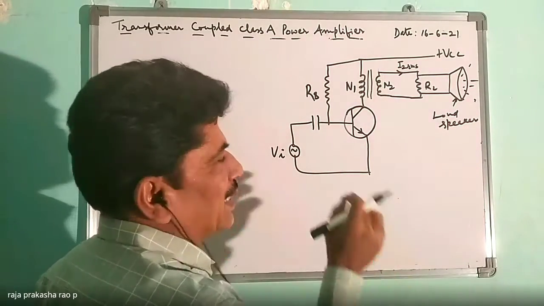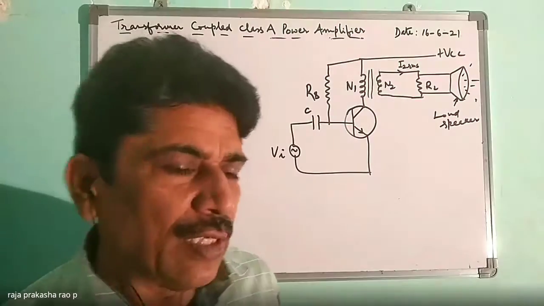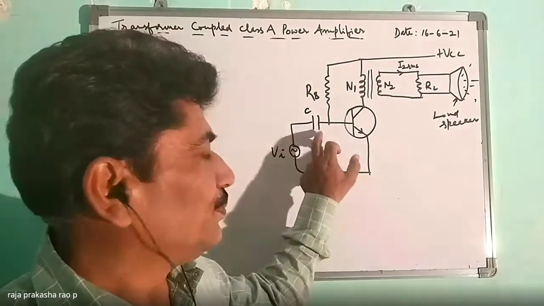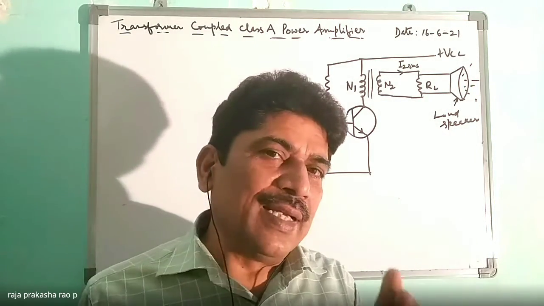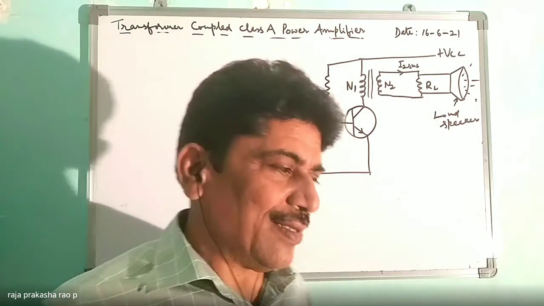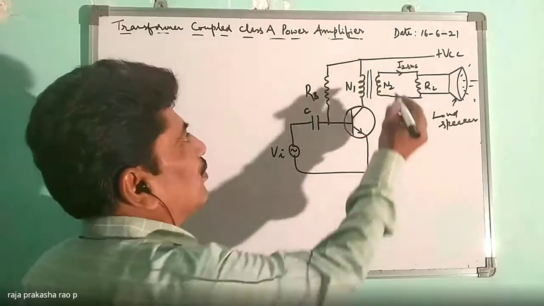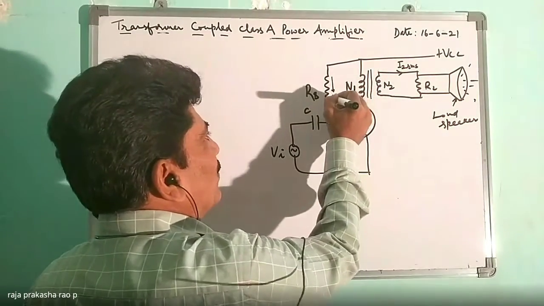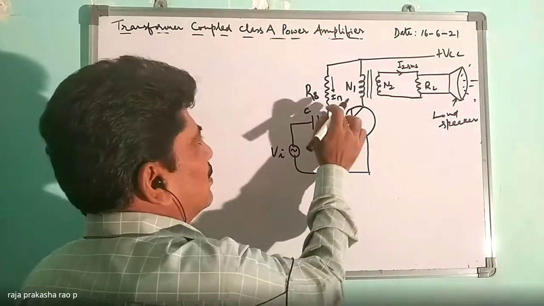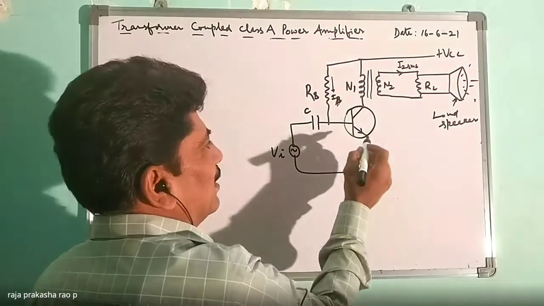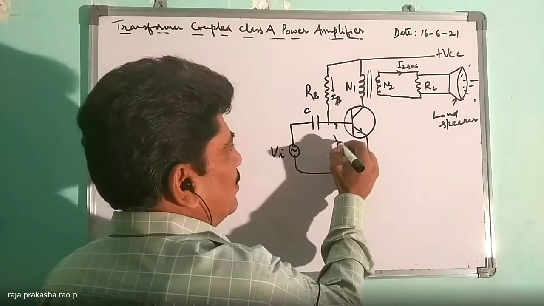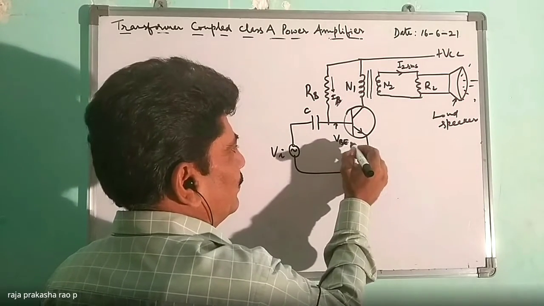Can anyone tell me what is the purpose of this capacitor? It is a blocking capacitor, right? It blocks the DC values, DC currents. DC current will flow through IB, so this capacitor will not allow this. This is a biasing current, and this is input voltage VBE.